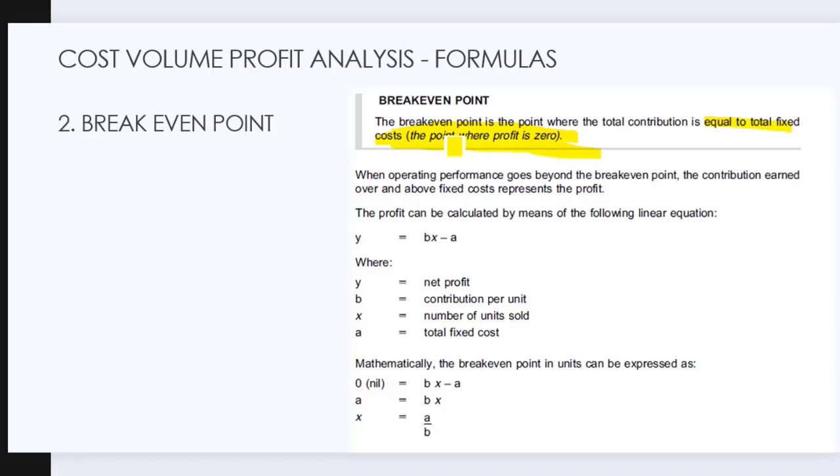So your contribution is equivalent to your fixed cost, meaning when you take that contribution minus the fixed overhead, it equals 0. No profit, no loss. Sometimes for certain companies, it takes years to break even, because after you break even, most of the time you end up making profit.